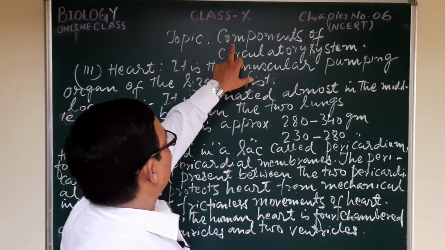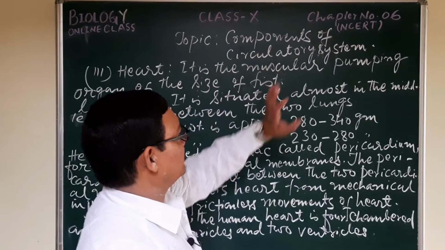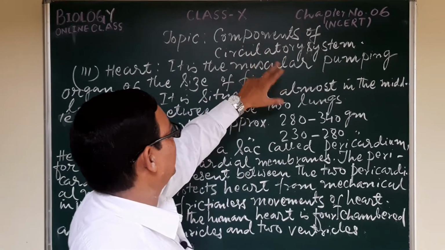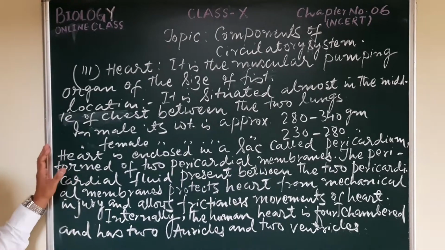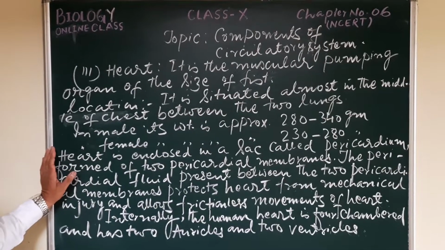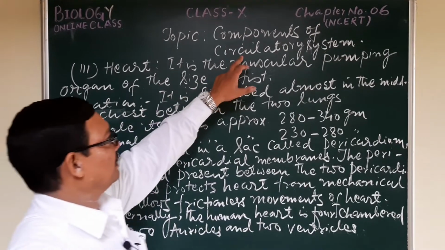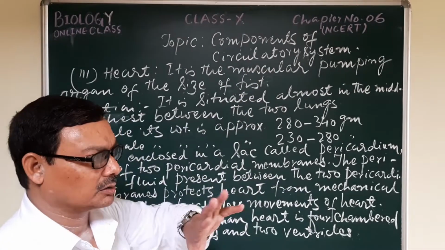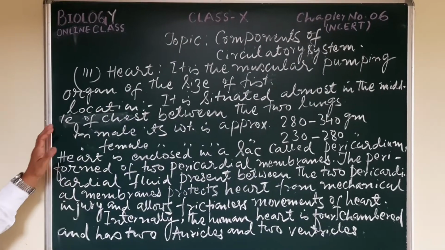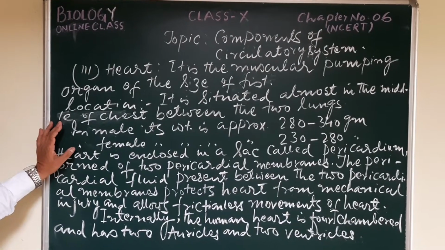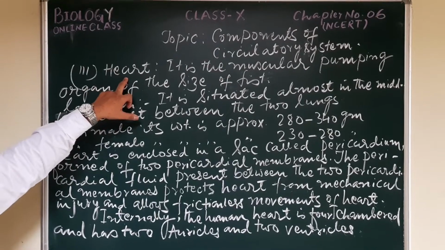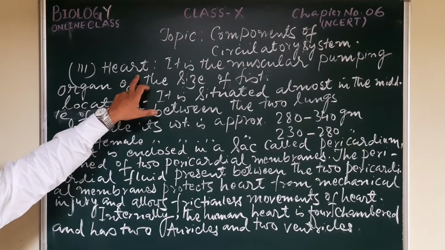In the topic components of circulatory system, we are presently in the human circulatory system. Earlier in our class, we have discussed the two important components, and today it is time to learn about the third important component, that is the heart.